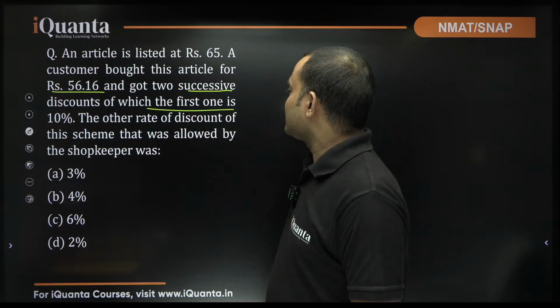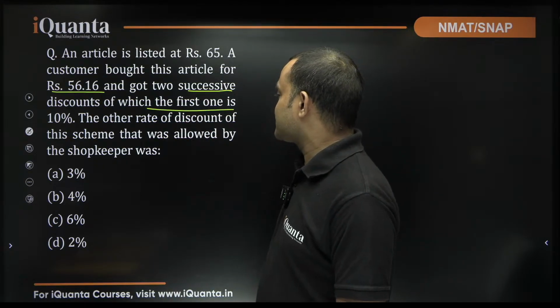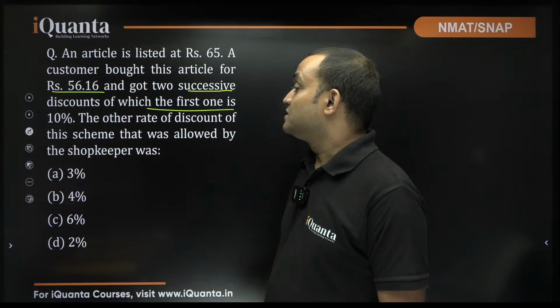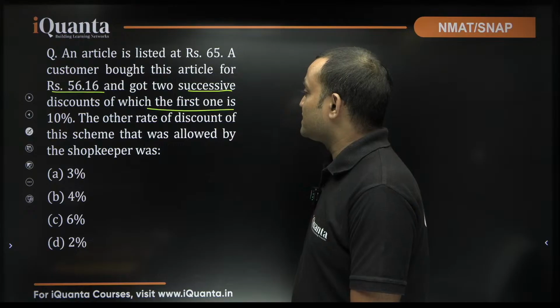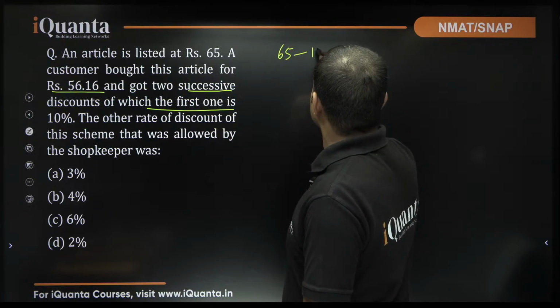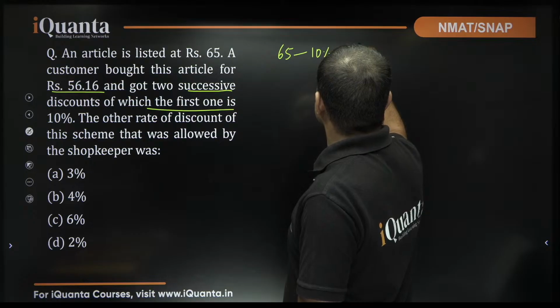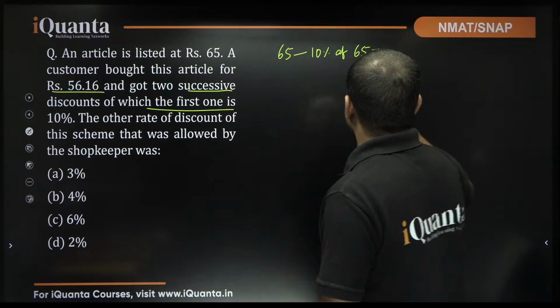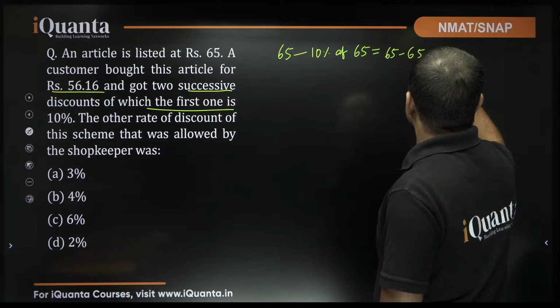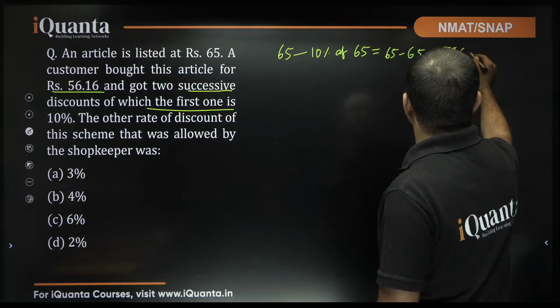The other rate of discount of this scheme that was allowed by the shopkeeper was, what was the second discount? So one thing we can do is if I subtract 10% from this, that will be equal to 65 minus 6.5, which is equal to 58.5, right?